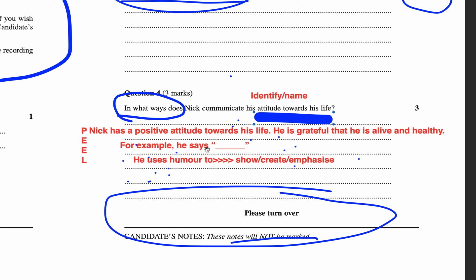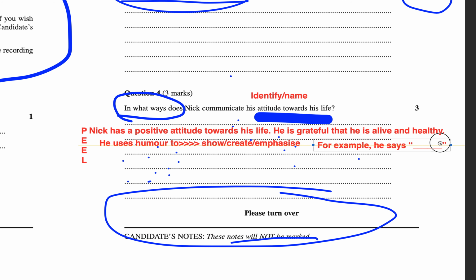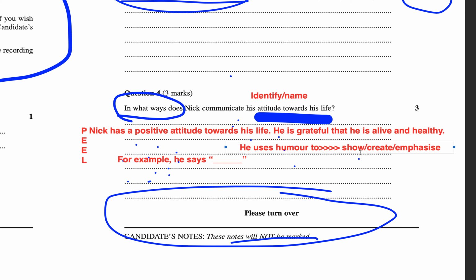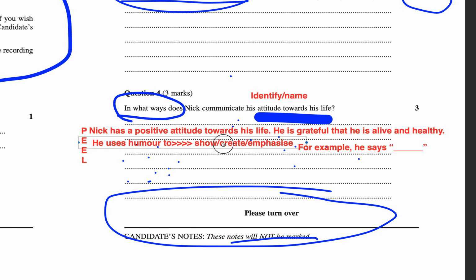After your point, you always give an evidence. When you do your evidence and explanation, you can put your technique in front of the evidence, or your evidence first and then your technique. Or you put the technique and your evidence in the same sentence, it doesn't matter. As long as the evidence and explanation is in the middle, not at the start.